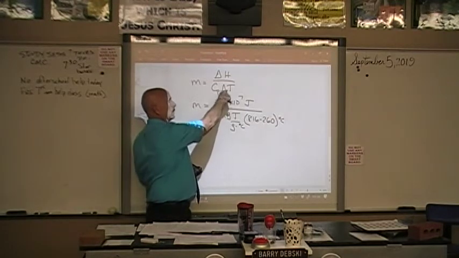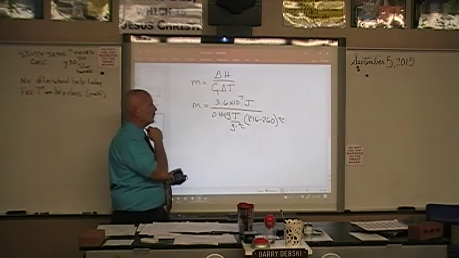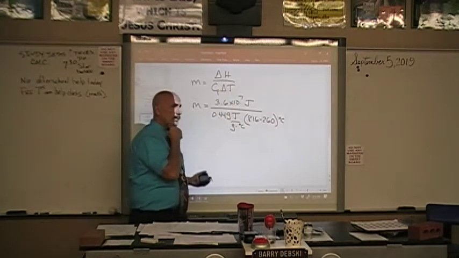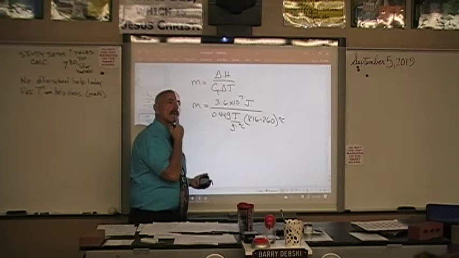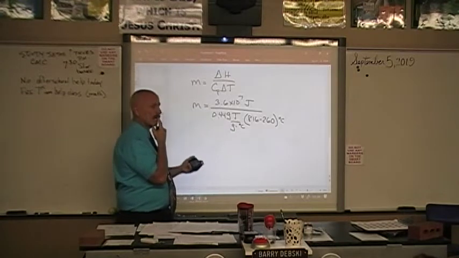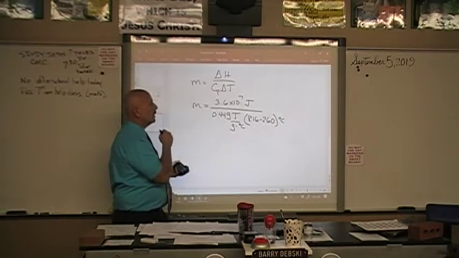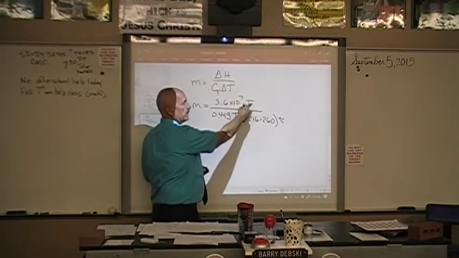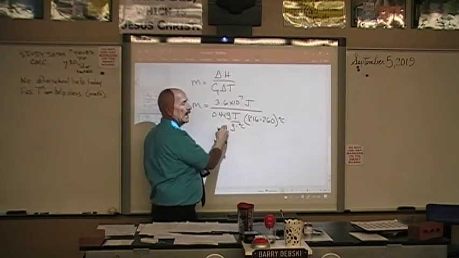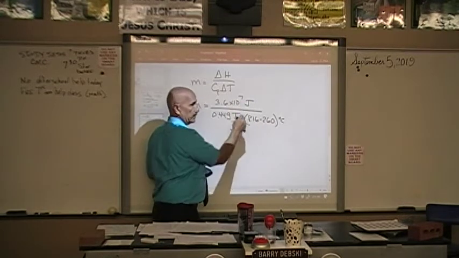Like the 0.449, you said divide that by the 816 minus 260. No. I said 3.6 times 10 to the 7th divided by 0.449, and then I said divided by this.